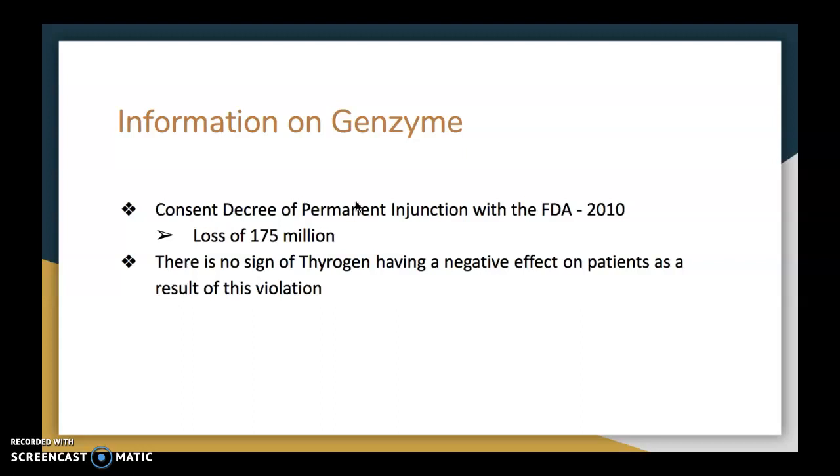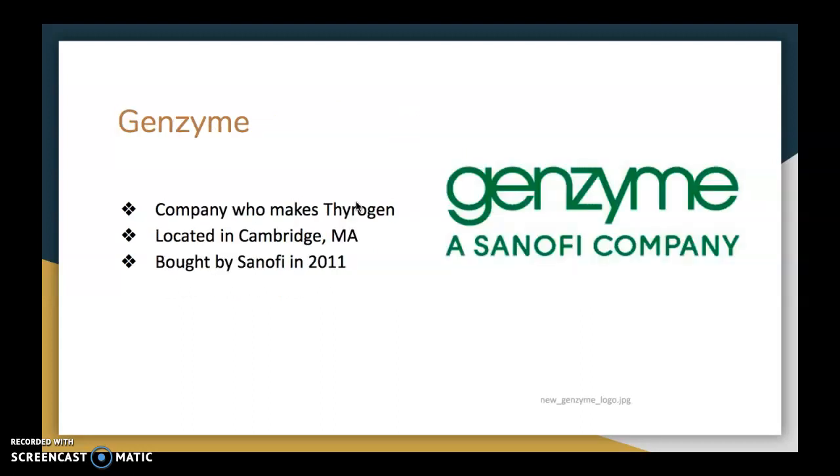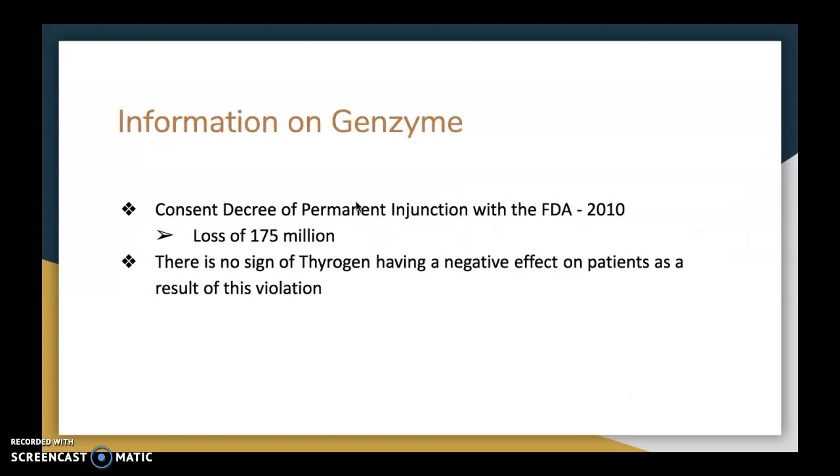I kind of have to wonder whether them selling out to Sanofi, the company that I previously mentioned, was a result of losing all this money. Maybe they just needed to sell out so that they wouldn't go bankrupt. But there really is no sign of Thyrogen having any kind of negative effect on patients as a result of this violation.